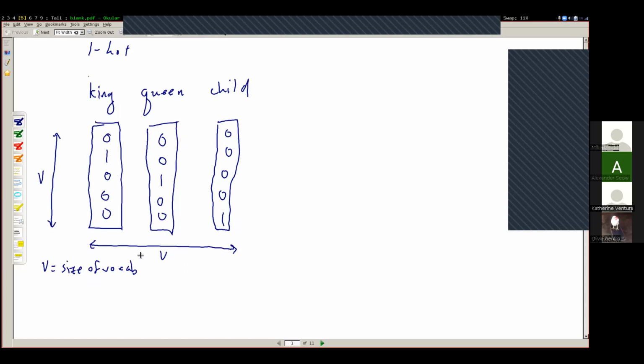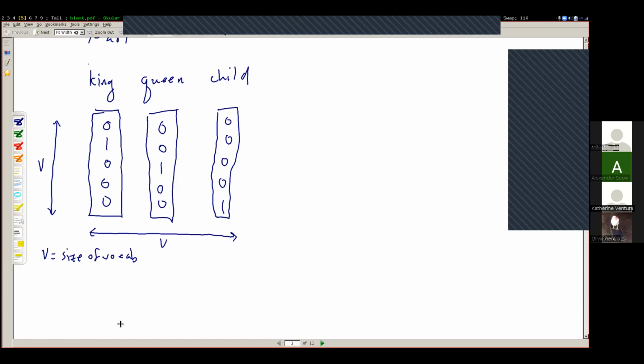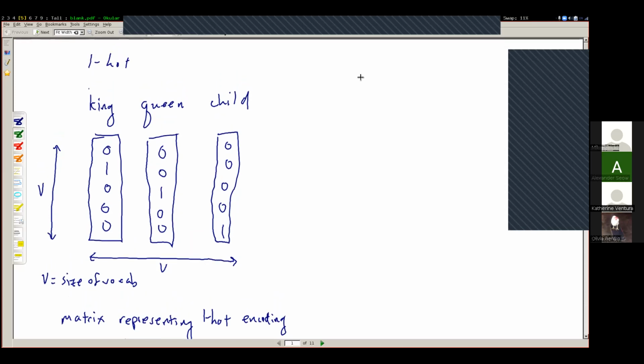If you were to stack everything into a matrix, the matrix representing all this would be a V by V matrix, whereas in the distributional representation, it's the one-hot on the left, distributional on the right.